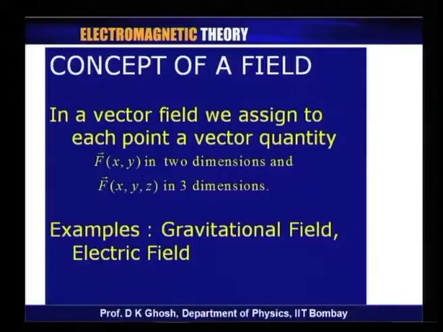Now, let us talk about a vector field. Just like a scalar, as you know, the difference between a scalar and a vector is that a vector not only has a magnitude, but it also has a direction associated with it. So, for instance, if I again talk about this room, we normally say the gravitational field in this room is this much, which means the force that a unit mass located in this room experiences.